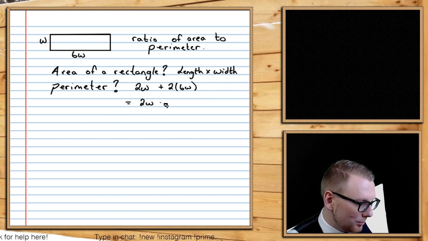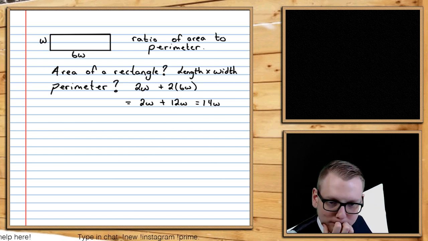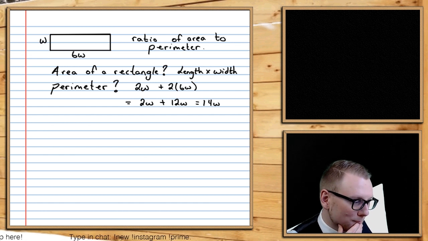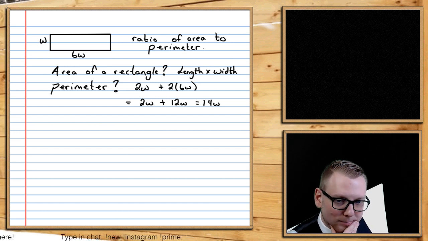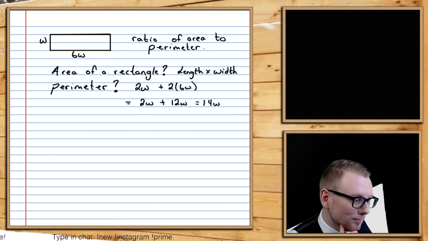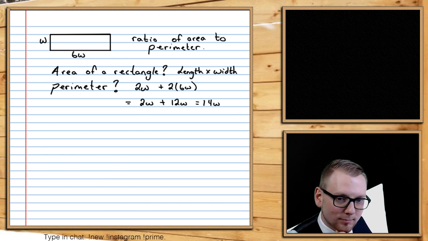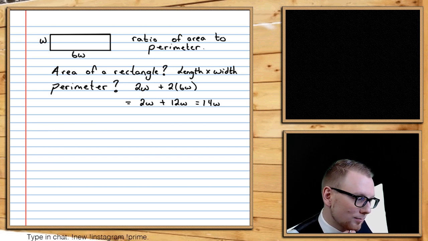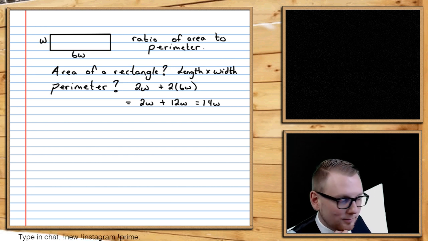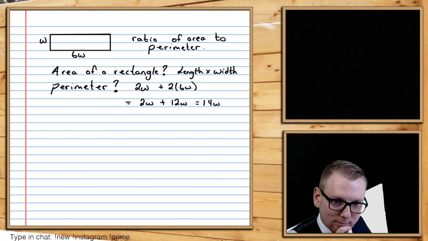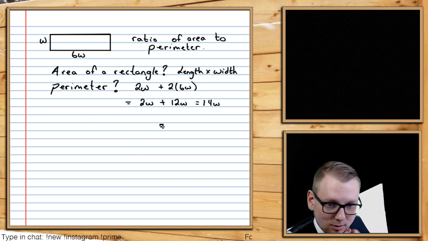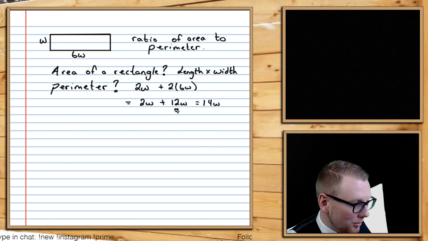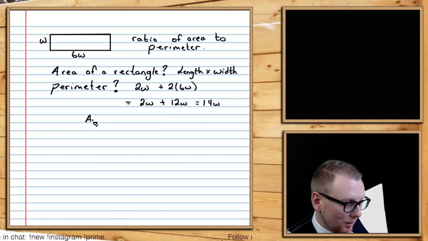So 2W plus 12W equals 14W. And then now you just need to do a ratio. Ratio of area to perimeter would be like area over perimeter.